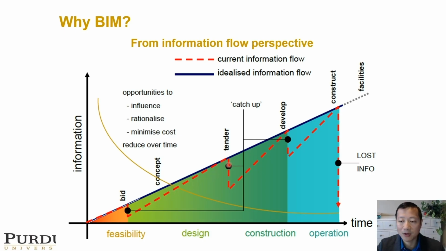And when the second phase completes, it is an even bigger drop right here, and then you have a much steeper slope to climb. Now with BIM, since everything is stored inside a single central database BIM model, it allows you to make the information accumulation curve go continuously as a straight line without any information loss.